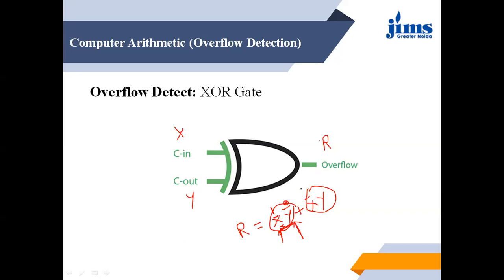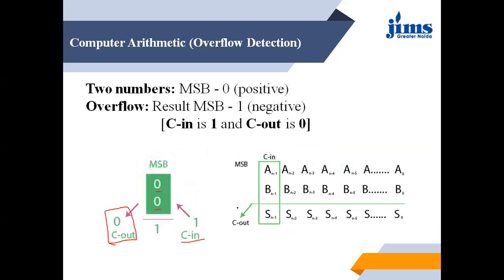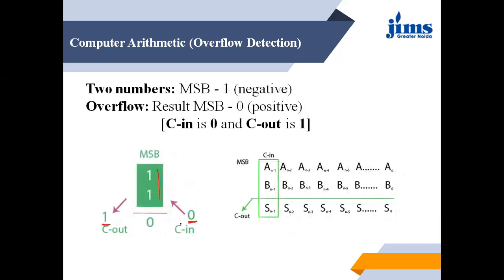In the second case, carry in is 0 and carry out is 1, and this is also 1. You can see from here that in the first case, C in is 1 and C out is 0. In the second case, C in is 0 and C out is 1.